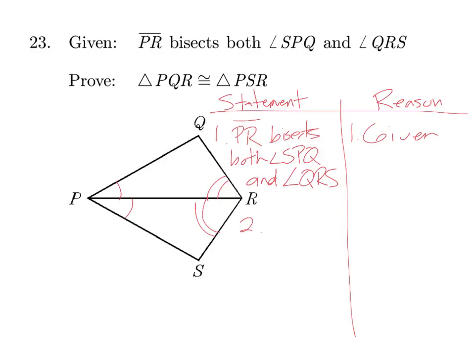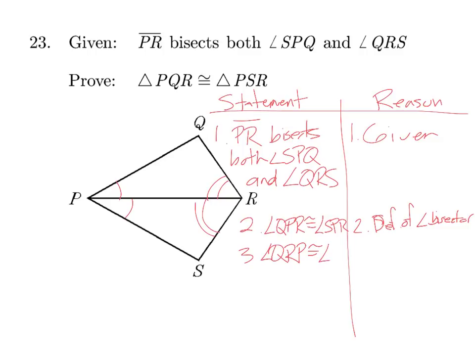Then I can say angle QPR is congruent to angle SPR. That's just the definition of angle bisector. And 3, I could say angle QRP is congruent to angle SRP.